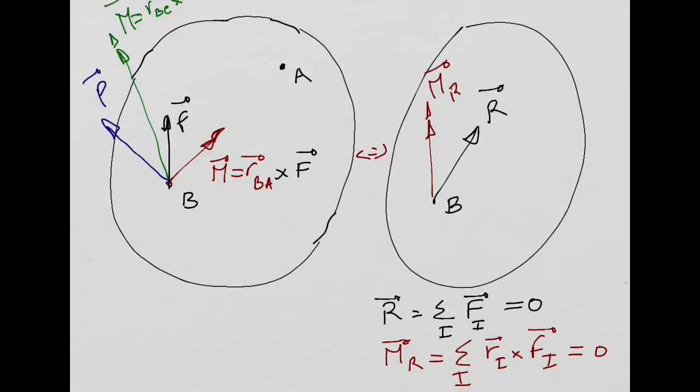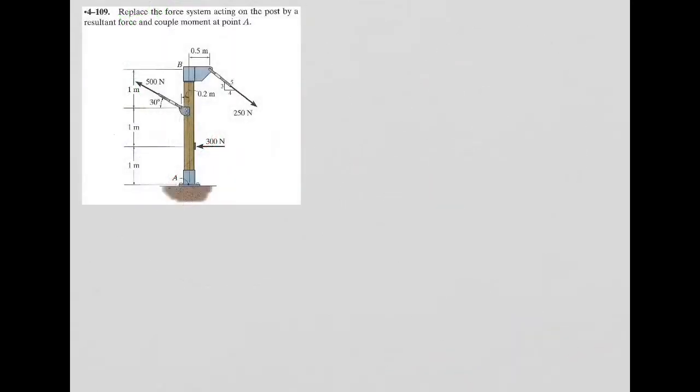So I'm going to stop this one and start a new one. So in this example, you have this structure or this column here. You have basically three force vectors applied at three different points. Right?